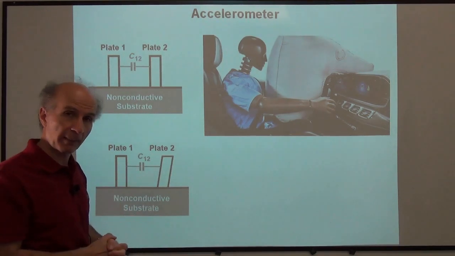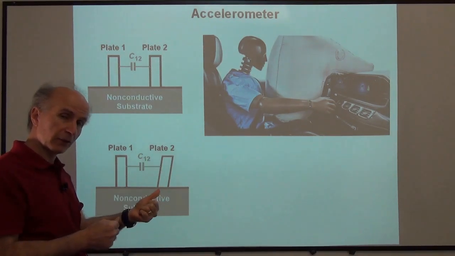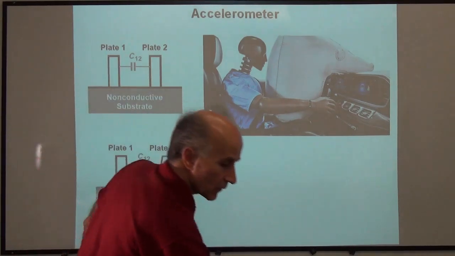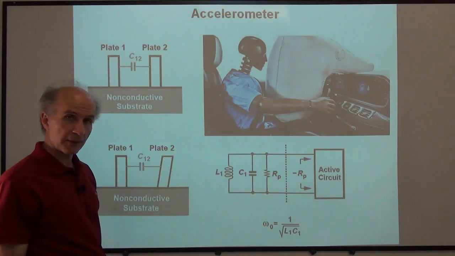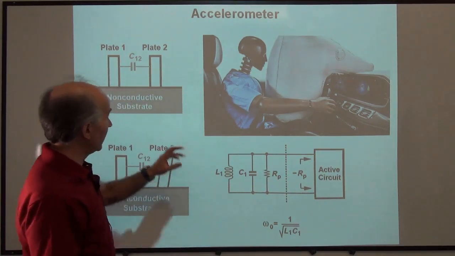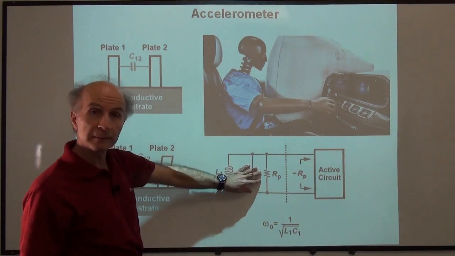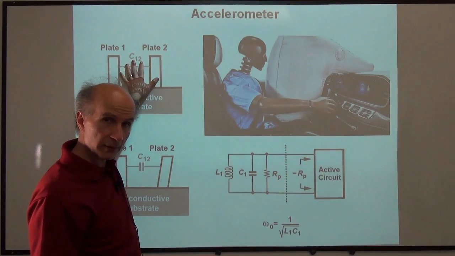How do I measure the change in the capacitance? Well, remember that the frequency of that oscillator was related to the value of the capacitance. So if I remember this equation for the frequency, I can embed this capacitor in here. This capacitor can be realized as this accelerometer.